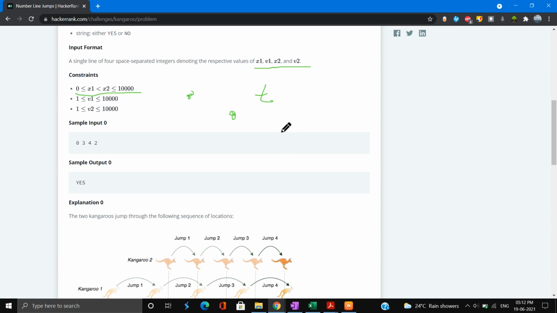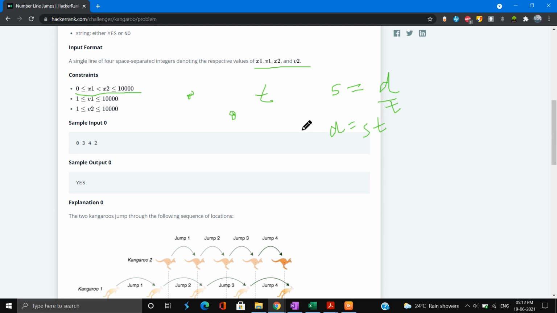So how can we write the distance? We all know that speed is equal to distance upon time. This is the basic equation. By using this, we can write distance is equal to speed into time. So we will equate the distance traveled by both kangaroos and then we can find the time t.